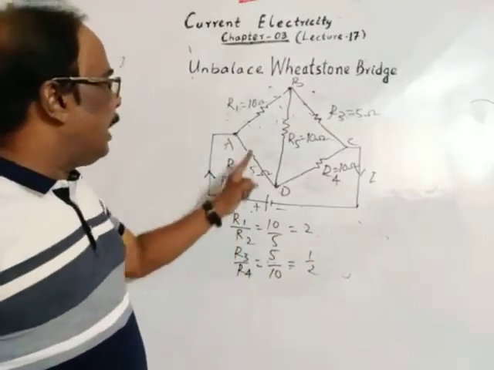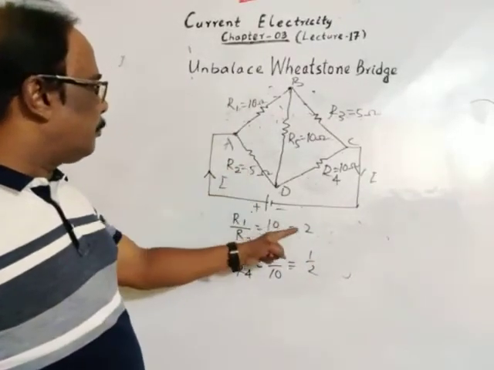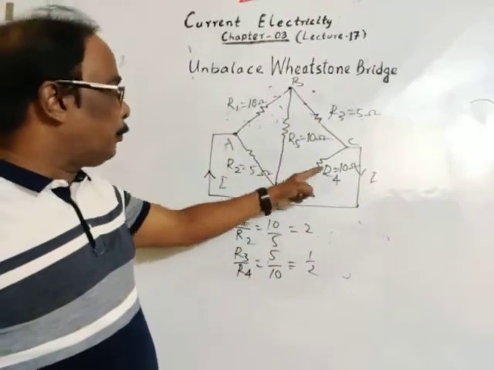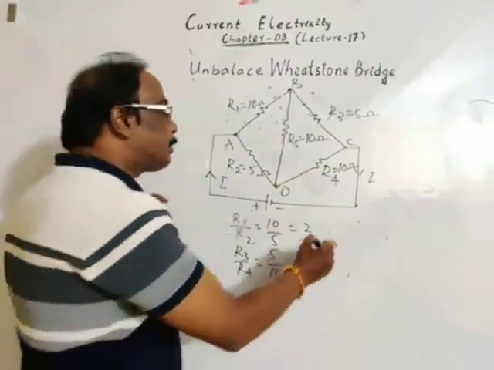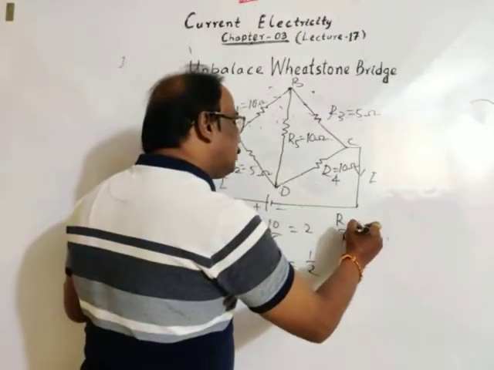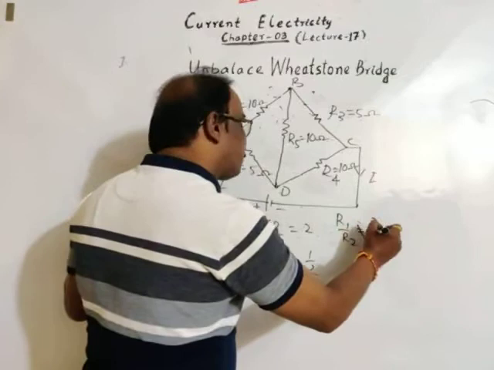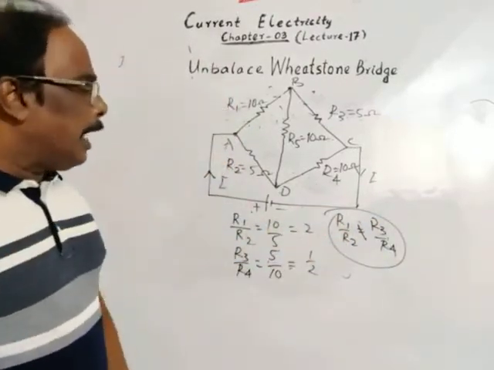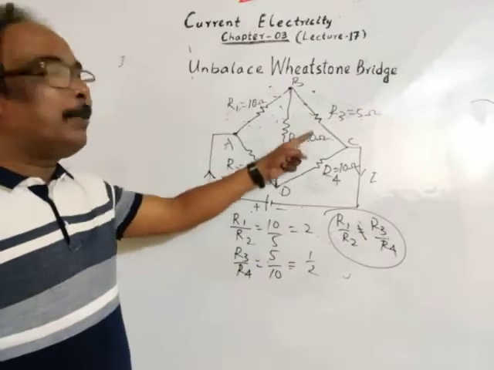So the ratio of R1 to R2 is 2, and the ratio of R3 to R4 is 1 by 2. So R1 by R2 is not equal to R3 by R4.